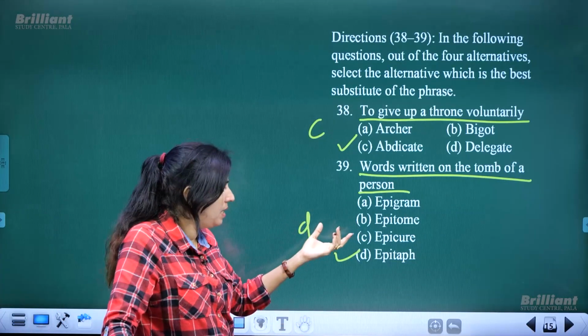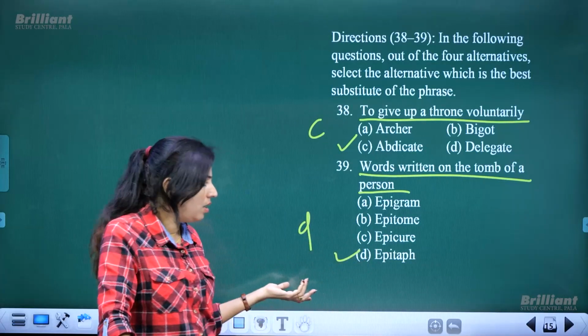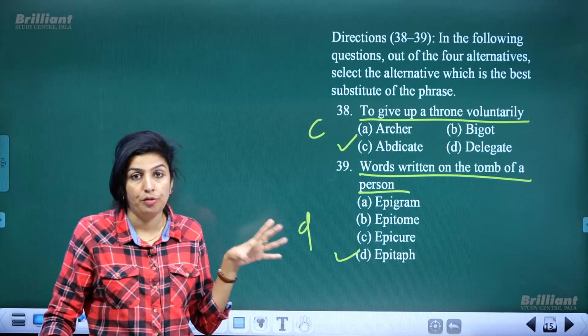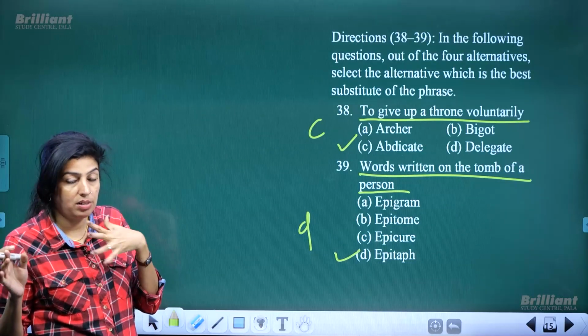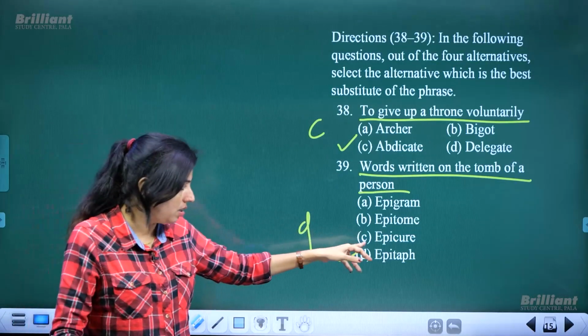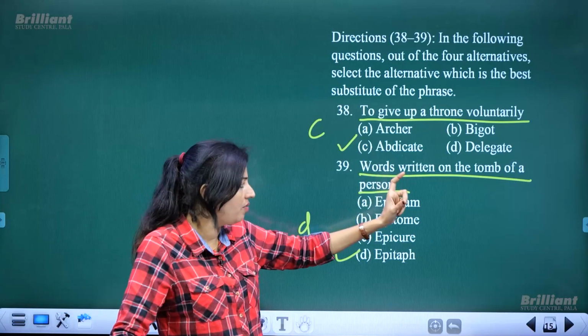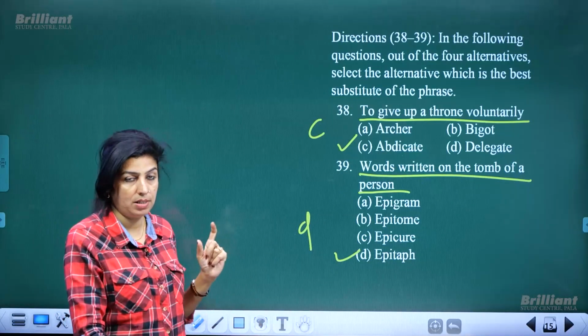Epitome is an example, setting an example. Epicure means people who are fond of eating good food and good drink. Epitaph is the writing of beautiful words on the tomb of a person.